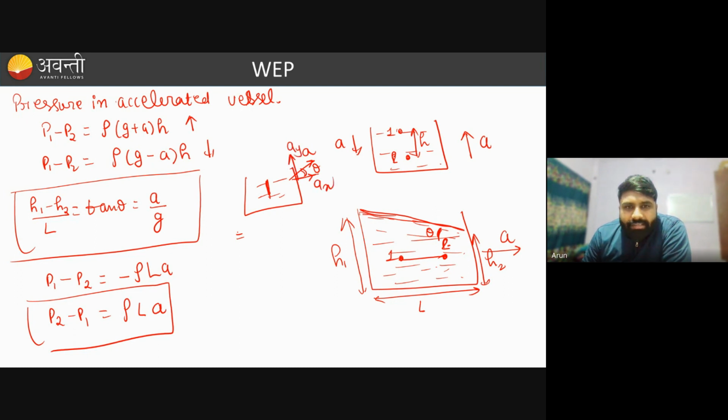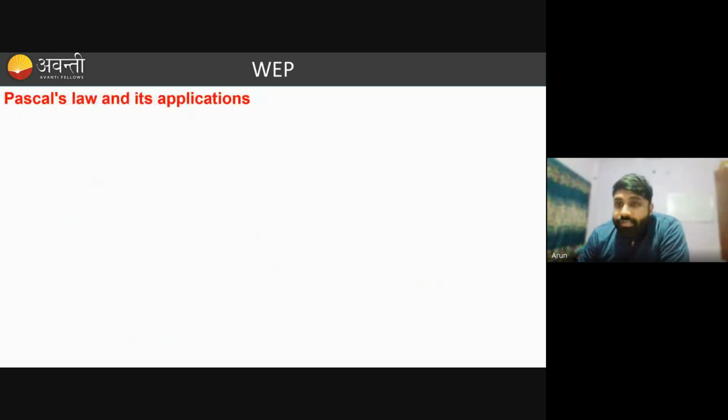So accordingly, in the upward direction the effective acceleration will be g plus ay, and in the horizontal direction it will be rho l ax.